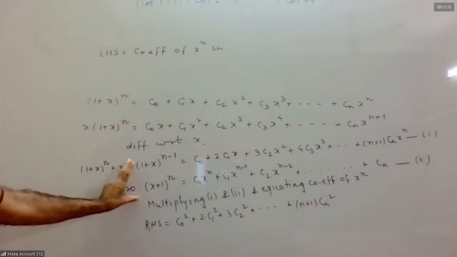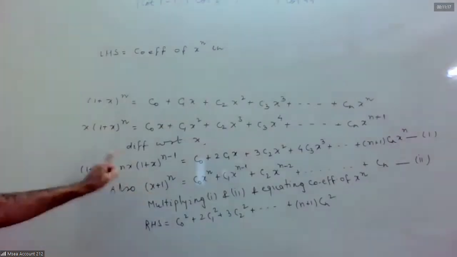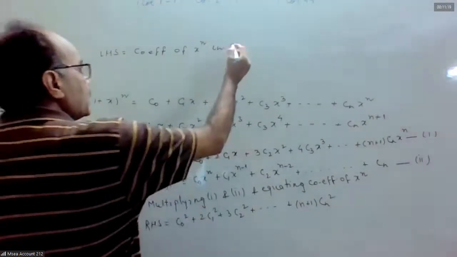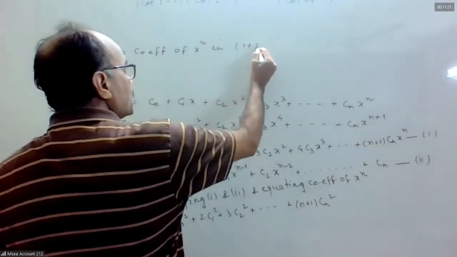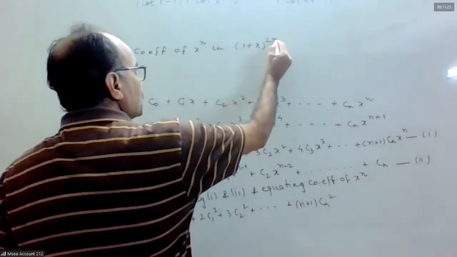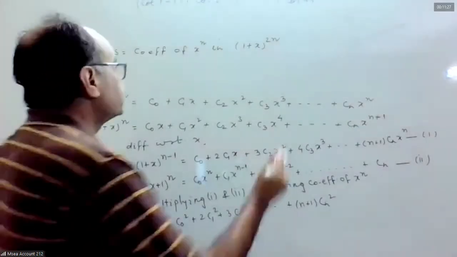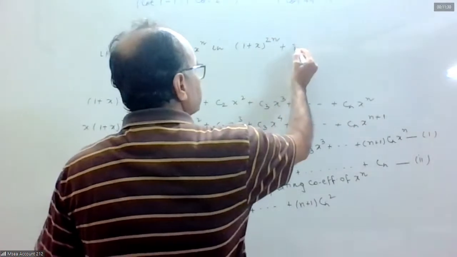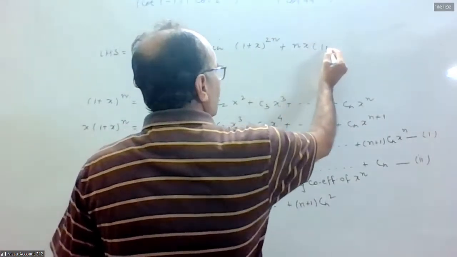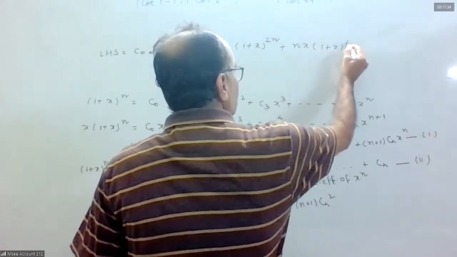Multiplying this, 1 plus x to the power 2n plus nx into 1 plus x to the power 2n minus 1.